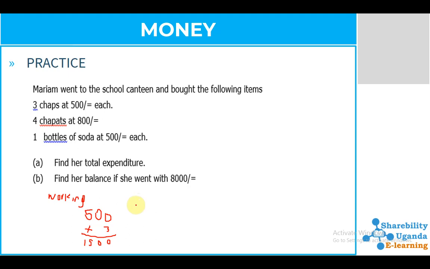This means we shall be having our 800. Let's write our 800 here. So we shall multiply this by 4.